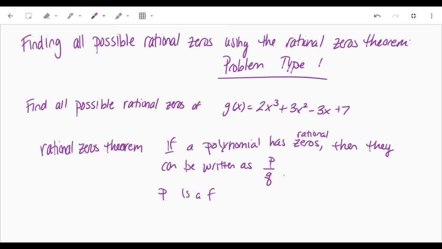P is a factor of the final constant. Q is a factor of the leading coefficient.